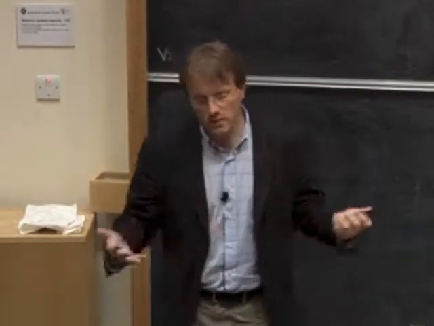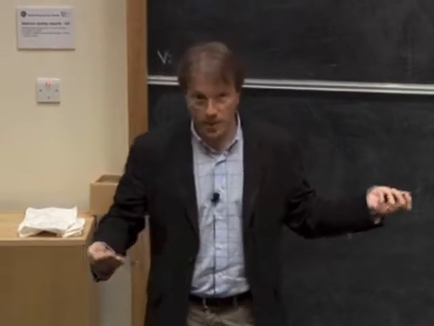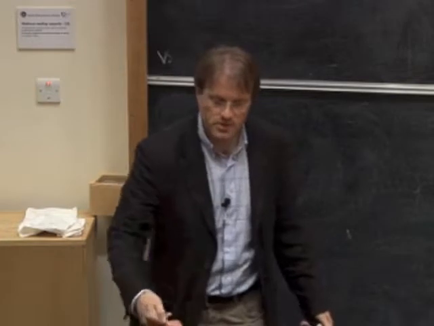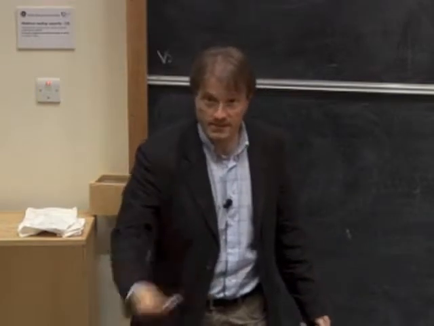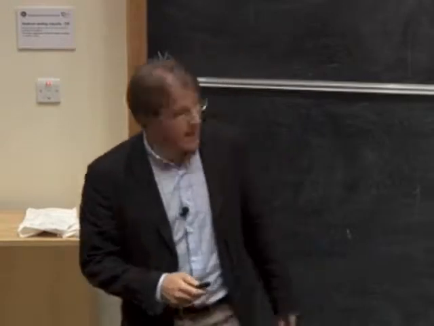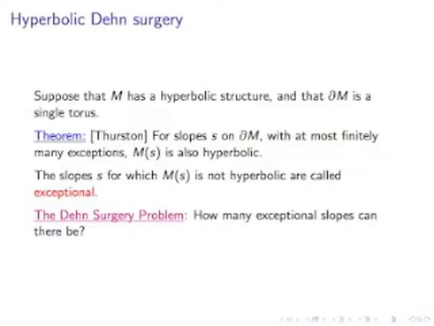Okay? So we know that most knot complements have a hyperbolic structure. So it should be the case that most manifolds you obtain by Dehn filling a knot complement should have a hyperbolic structure. And that's what the Dehn surgery problem seeks to quantify.